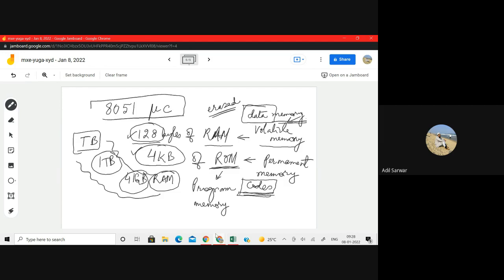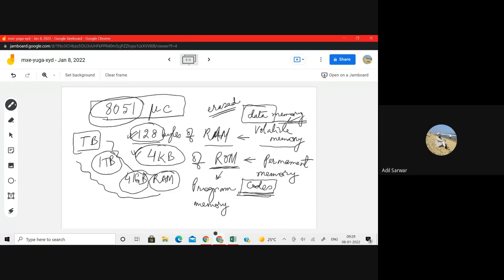I told you that since RAM and ROM reside within the chip of the 8051, they have to be very limited, and it is as small as 128 bytes and 4 kilobytes in the 8051. But still it is sufficient for its operation.